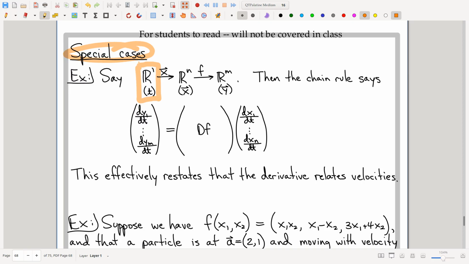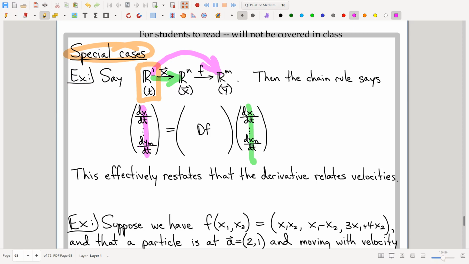Keep in mind, input variables correspond to columns. If you only have one input variable, the derivative matrix is only going to have one column. The composition has only one input variable, and therefore its derivative matrix has only one column.